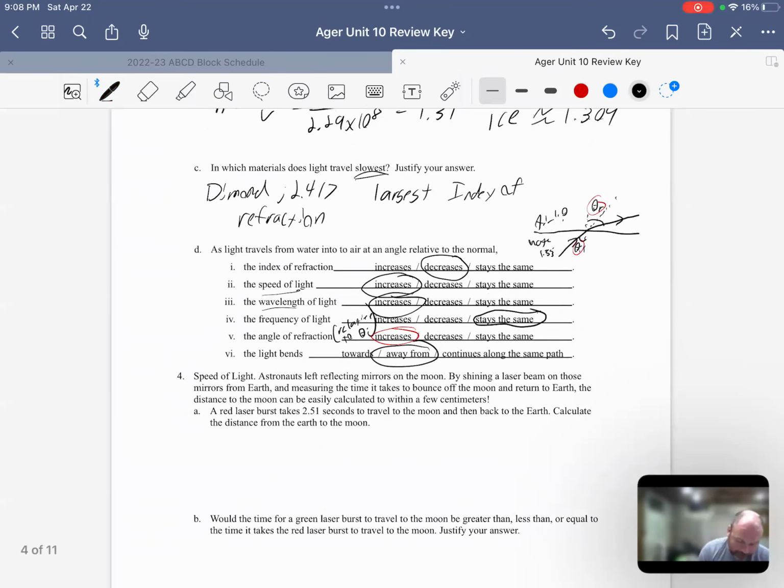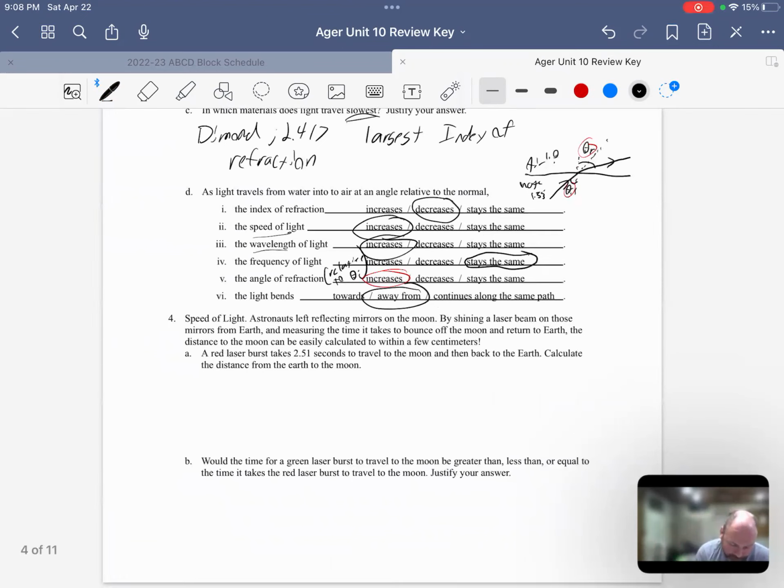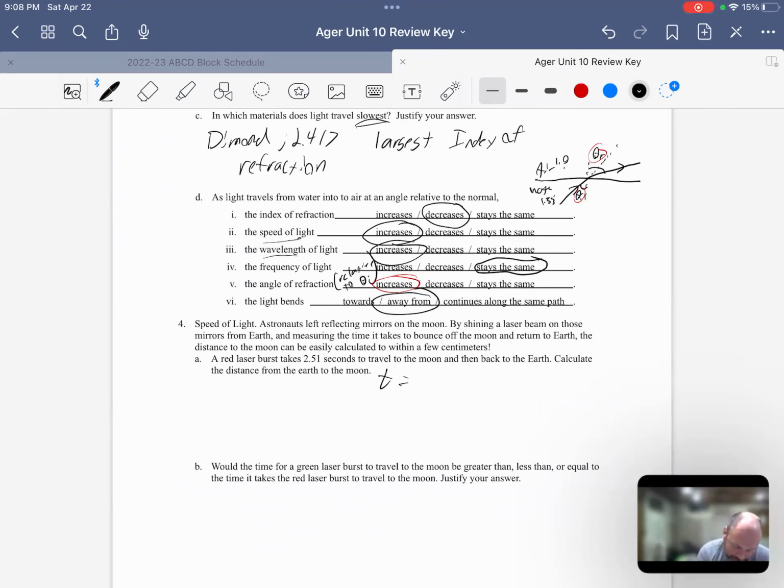All right. And then these last two questions are dealing with light actually moving through the air. It does change. I mean, it takes time to travel. And so you want to be able to calculate how far the light moves when it's traveling. So red laser beam, we have a time there. The time equals 2.51 seconds to go to the moon and then back. Calculate the distance from Earth to the moon. Now this is a little bit tricky.